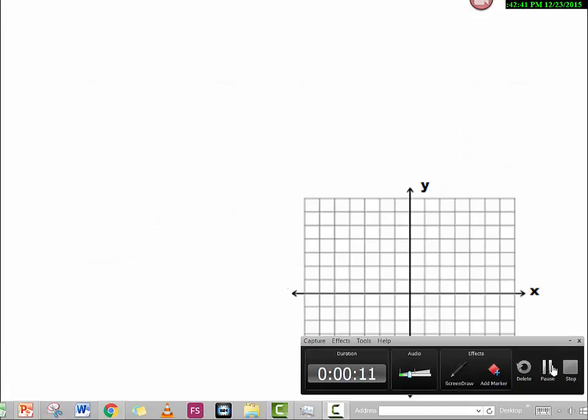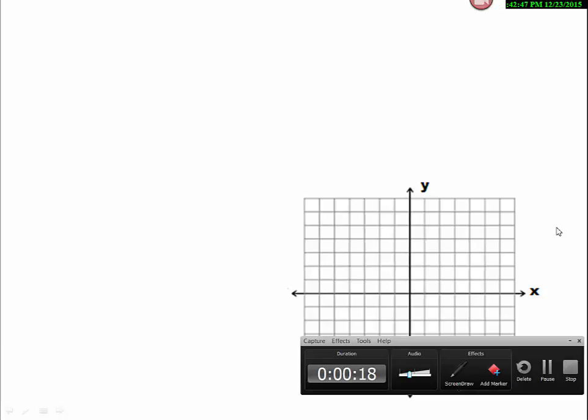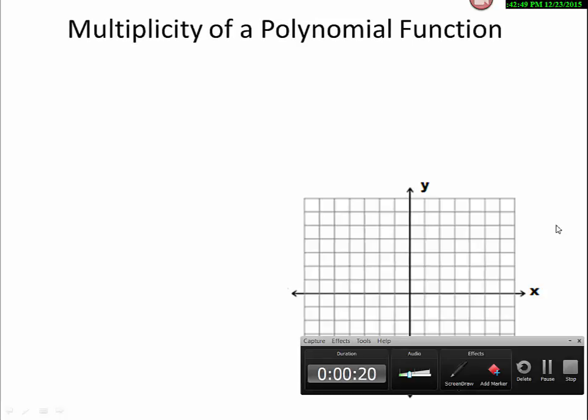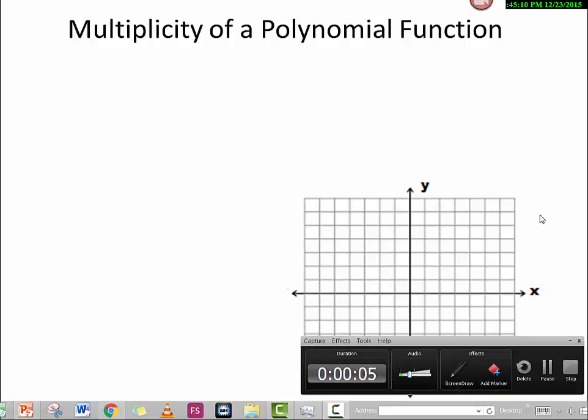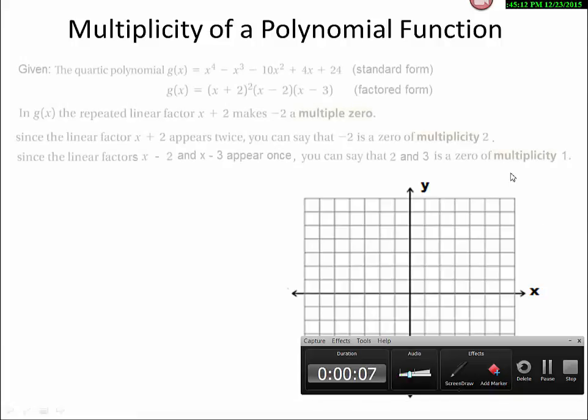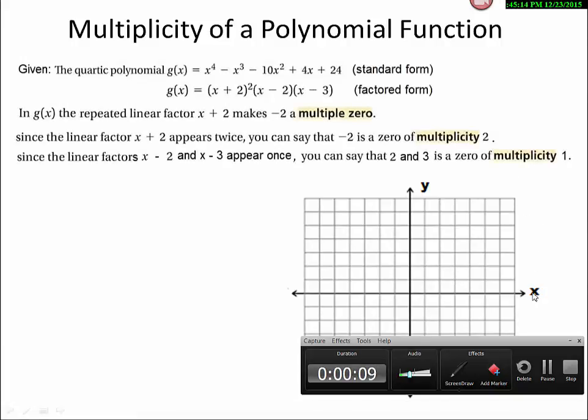The next concept that we are going to learn is the multiplicity of a polynomial function. So the multiplicity of the polynomial function will help us graph the polynomial function in a more accurate manner. Let me show you this example. You are given a polynomial function in standard form.